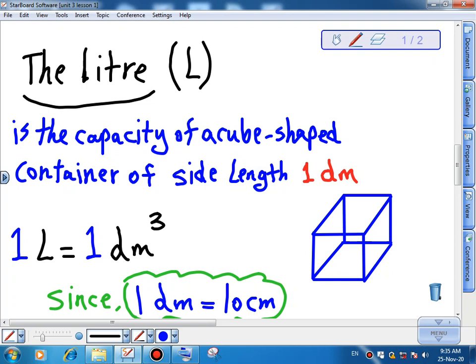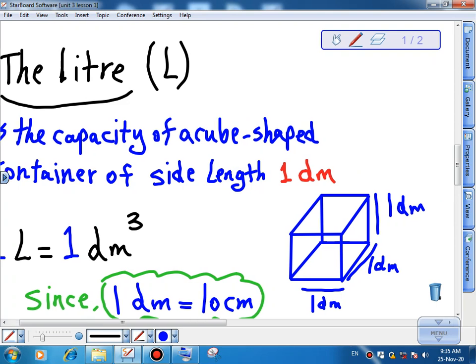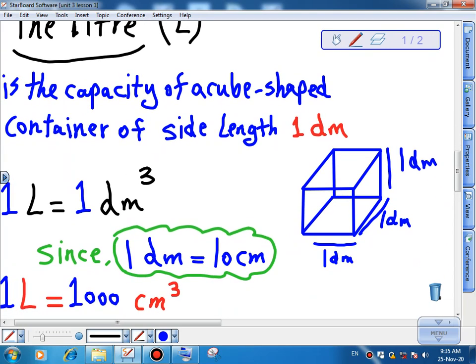If I have this cube with length equal to 1 decimeter, width 1 decimeter, and height 1 decimeter, dm means decimeter. In this case, 1 liter means 1 decimeter cube, or 1 cubic decimeter. This is the meaning of liter.